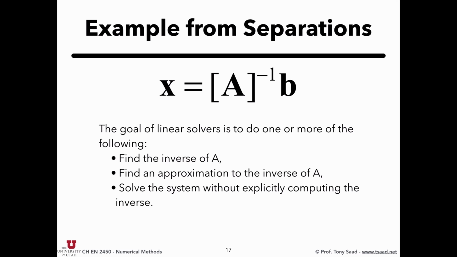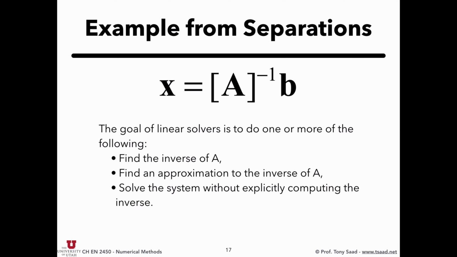So you could say, we committed a lot of error in the model anyway, so why can't we let ourselves approximate the solution process and live with whatever error we introduce, because very likely the error we introduce is much less significant than the error introduced in the modeling. So that's the idea behind finding an approximation to the inverse of A, or solving the system without explicitly computing the inverse. That's where we get into iterative solvers, which we will discuss later in the class.